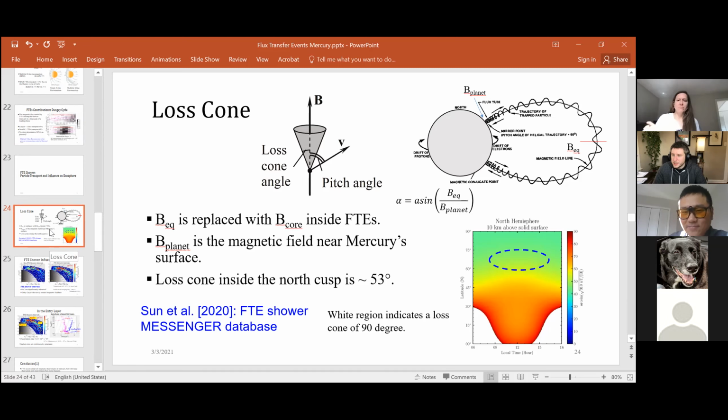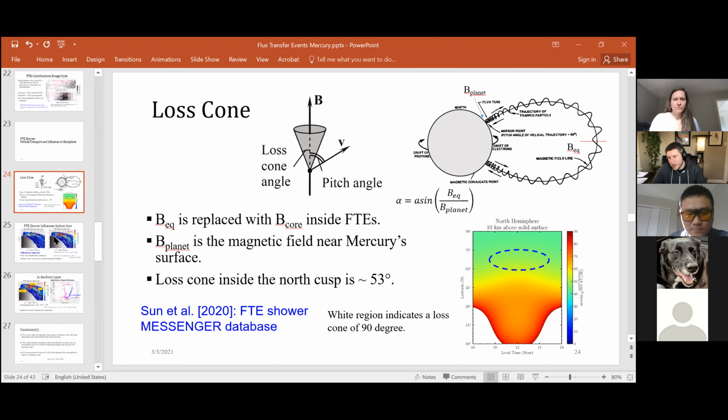Any other questions here? I have one more, if not. All right, well, Weijie, another question for you here: a lot of the plots and cartoons you showed indicated closed field line reconnection at the low latitude magnetopause.